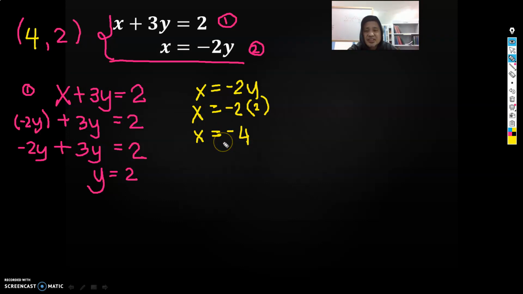Okay. So, sir, what if itong value ng y na to isinubstitute ko dito instead of dito? Well, let us see. X plus 3y is equals to 2.